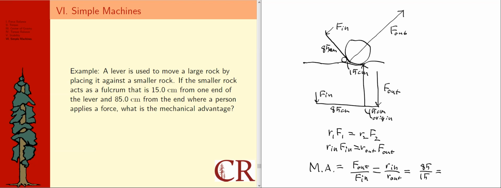When I go into my calculator to find out what 85 over 15 is, it's 5.666 repeating, so it's presumably equal to 5 and 2/3 as a mixed number. But since we're in a science class and we do sig figs and rounding, we will report 5.67 for this mechanical advantage. Let's go ahead and check if that is the correct result, and it looks like it is.